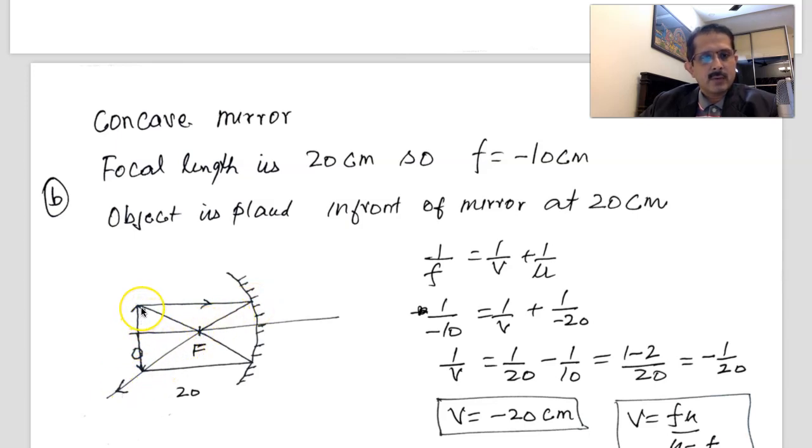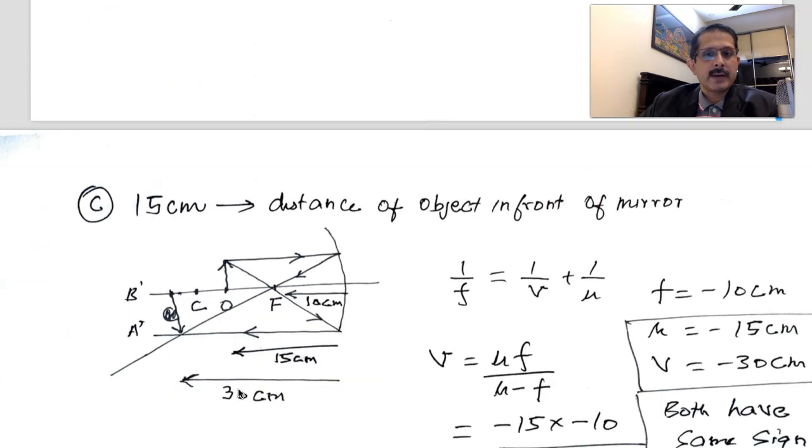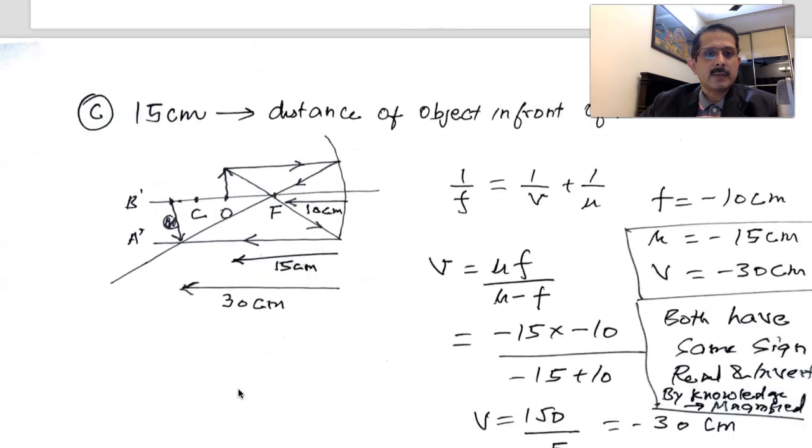Another ray would go from here to the focus, hit the mirror, and then go parallel to the principal axis. This is the principal axis. So the image and object would be of the same height, and it would be a real, inverted image, right?